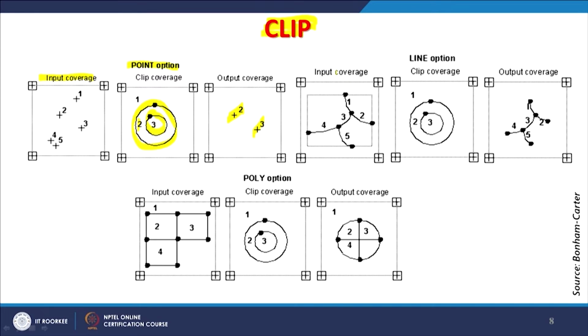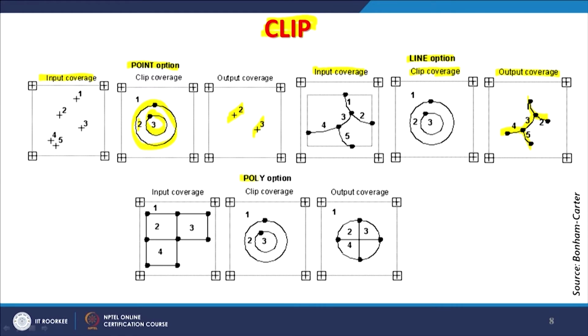Similarly, I might be having a line or polyline theme, and this is my input coverage where I am having many polylines, and the clip coverage is the same as in case of the point theme. And then when I create this intersection, this is how I get this clip or extraction of polyline only for that circular region.